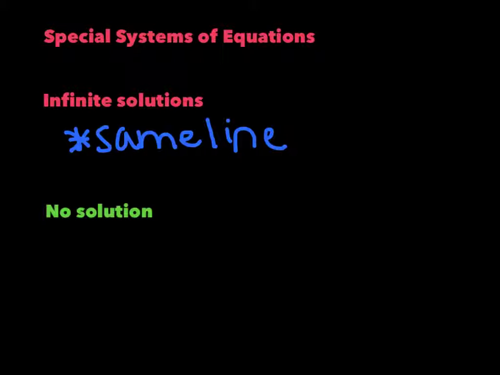So if you graph two lines and they make the exact same line, they have many, many solutions that solve the system. When they have the same line, you would say that it has an infinite number of solutions because the possibilities are endless. They go on forever and ever.